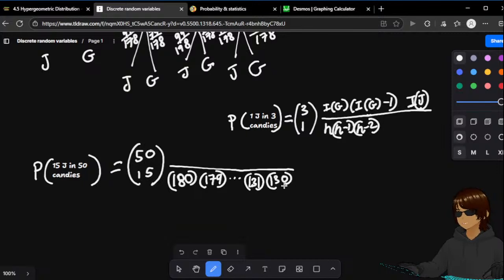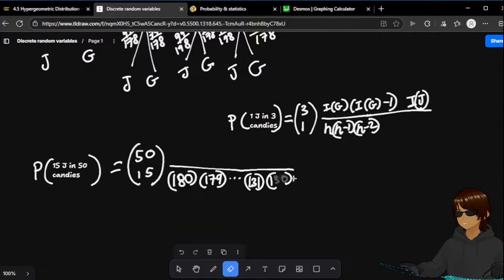Is 130 included? Okay, let's say the first candy is 180, the second candy is 179, the third candy is 178. The 10th candy is 171, the 20th candy is 161. The 30th is no, I think this should be removed.